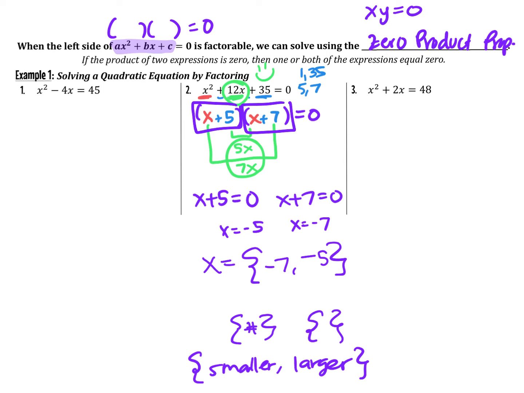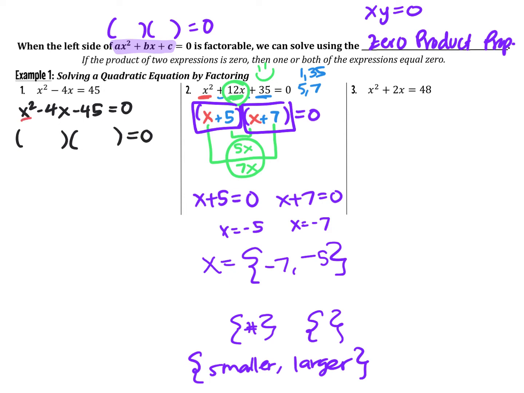So if we look at number 1 right now, in the form that it's in, we can't use the zero product property because this isn't equal to 0. But we could subtract 45 on both sides, so that this is equal to 0, and then we can see if we can factor and use the zero product property.